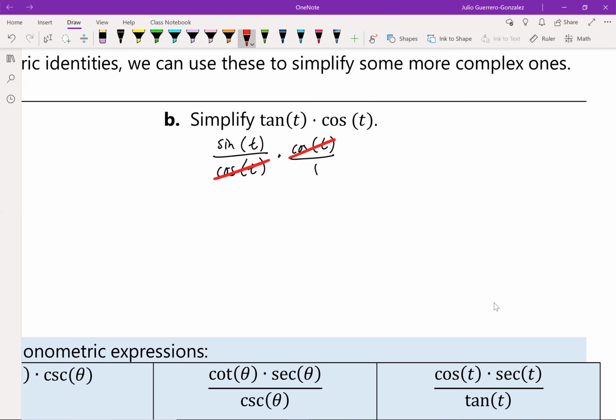I have one on top and one on bottom, which is equal to sine of t. So instead of writing this, I can now write this. Got it?